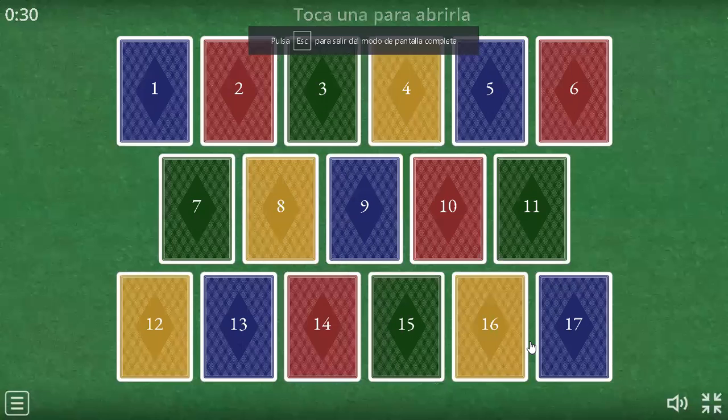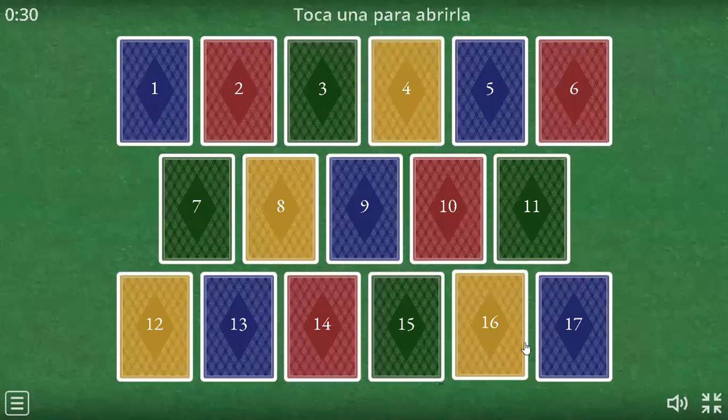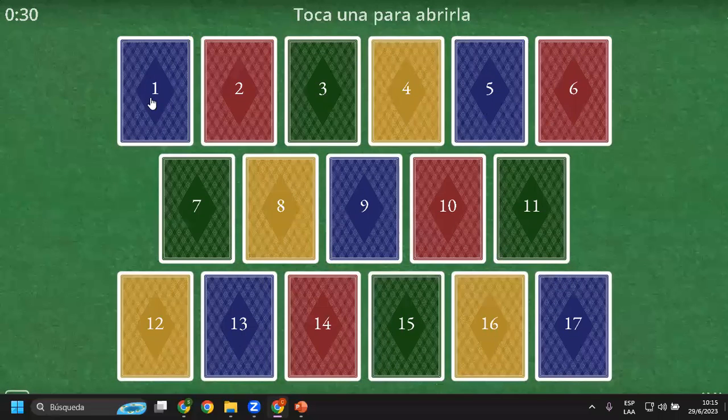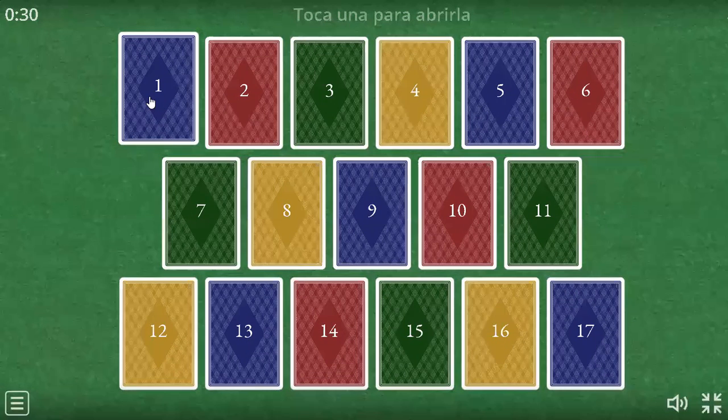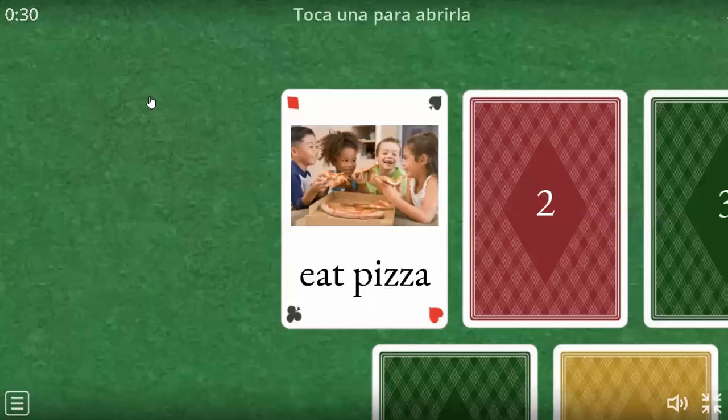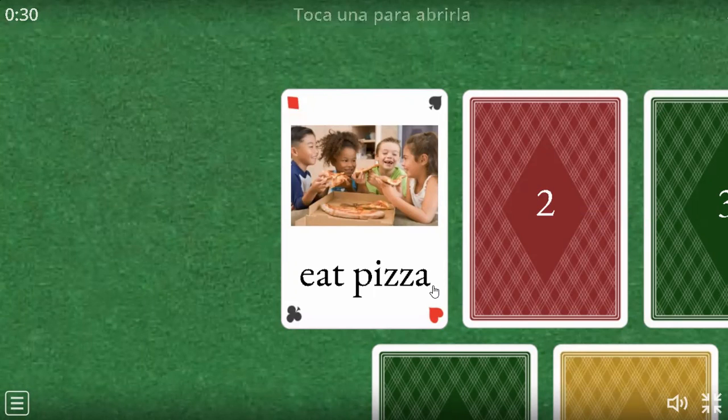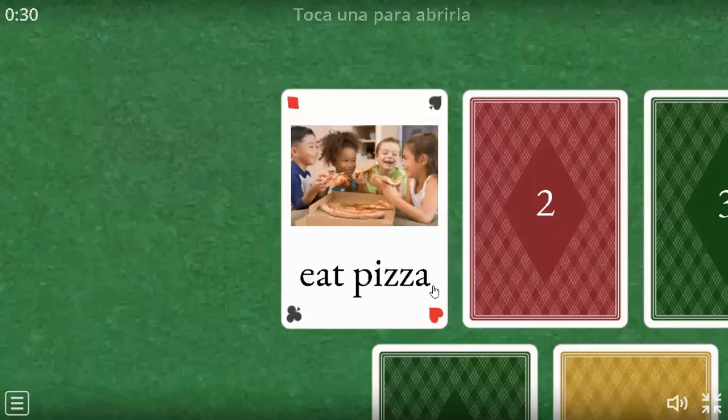I need a volunteer. Who wants to be the first one? Number 1. Okay, Marcela, thank you. Number 1. How often do you eat pizza? I sometimes eat pizza.